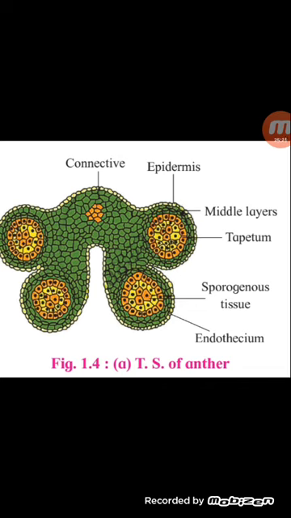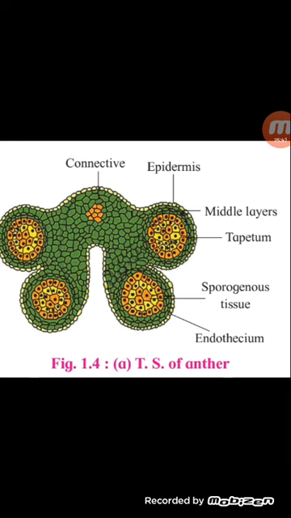Connective connects the two parts of the anther. Anther is dithecous, so this connective connects the two parts. So connective, epidermis, endothecium, middle layer, tapetum. What is inside the tapetum? Sporogenous tissue.